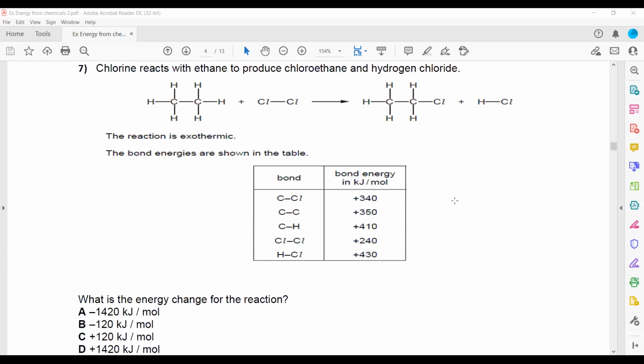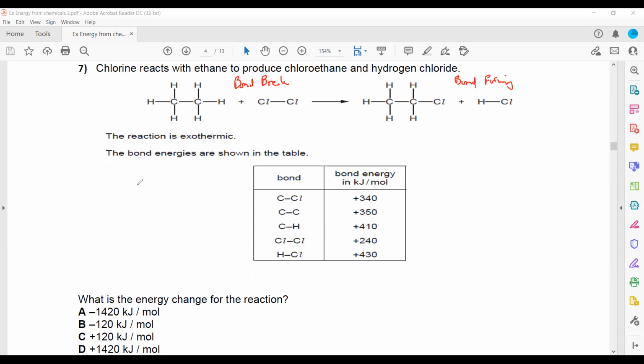Another question. The question is, what is the energy change for this reaction? There's also a simple way you can write the number on that. So the reactant side is the bond breaking side, and this is the bond forming.